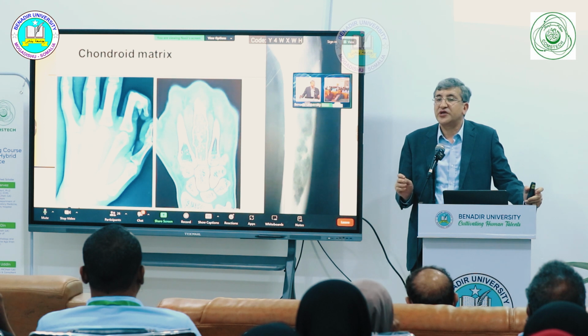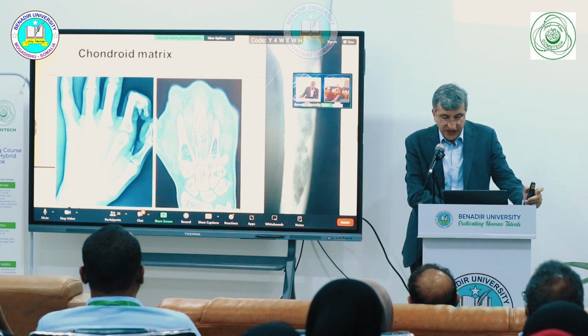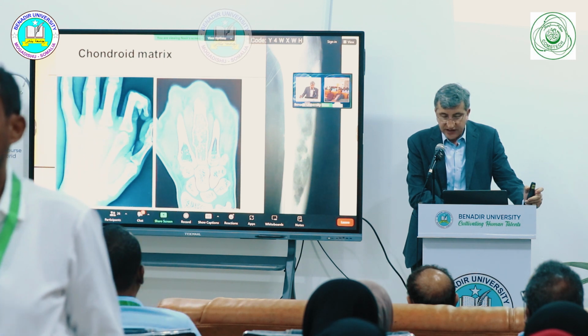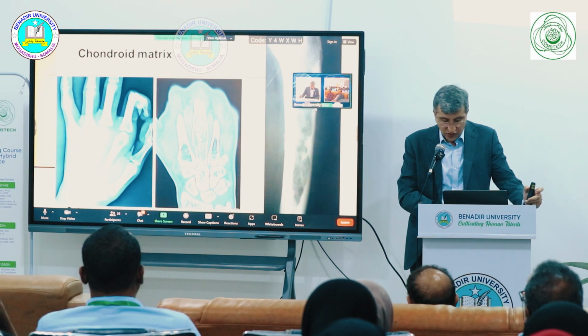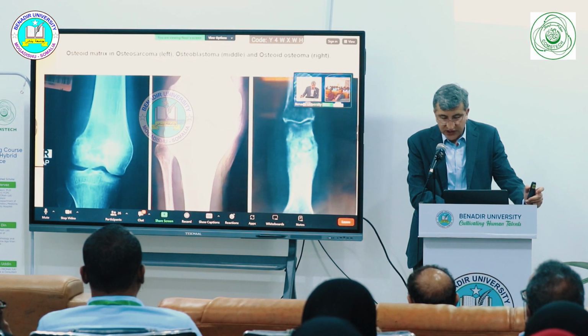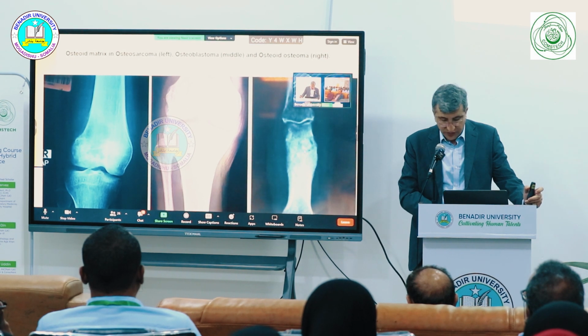Enchondroma is the most common tumor in small bones of the hand. So this chondroid matrix in the phalanx, and here in a malignant lesion, chondrosarcoma. Osteoid matrix is seen in osteosarcoma, osteoblastoma, and osteoid osteoma.